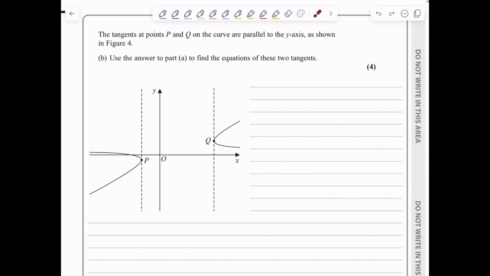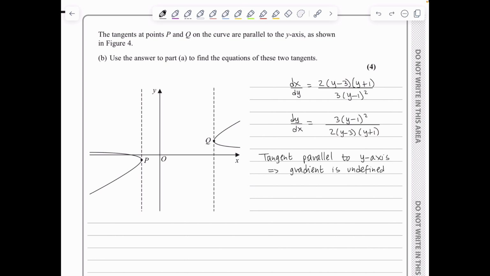So looking at what we obtained in part A, that's the expression for dx/dy. Well, to find the expression for dy/dx, I will simply take the reciprocal of the right-hand side, which is 3 brackets y minus 1 squared over the 2 times y minus 3 times y plus 1. And we do know that if a tangent is parallel to the y-axis, then the gradient is undefined.